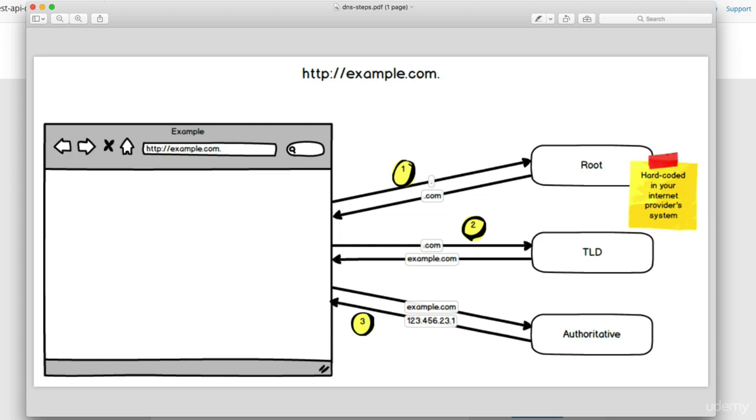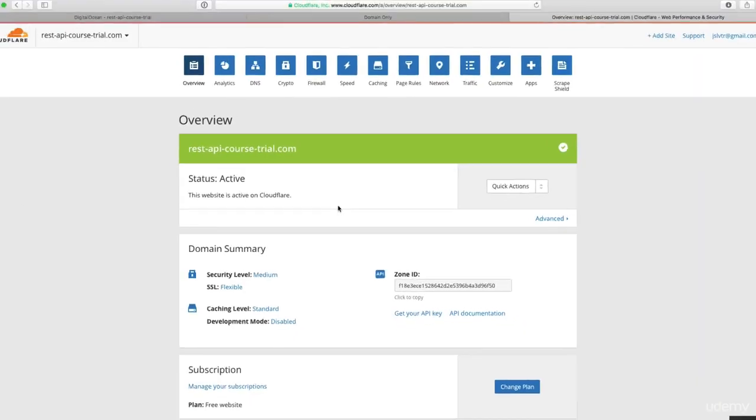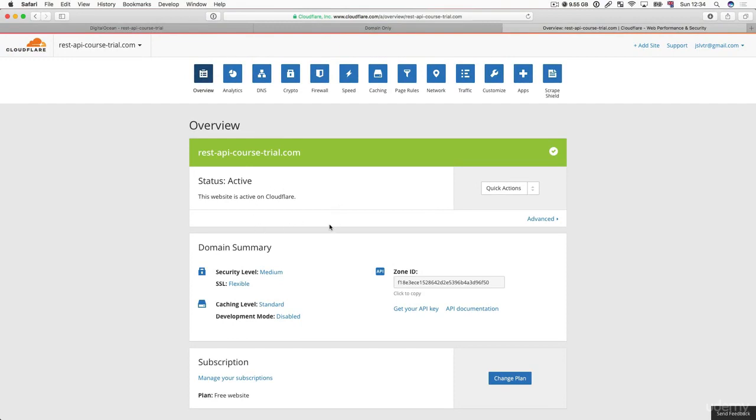Going back to Cloudflare, what we've set up here, beth.ns.cloudflare.com and justin.ns.cloudflare.com, those are the authoritative name servers. So those are the servers that know the IP address of example.com, or in our case, REST-API-CourseTrial.com.